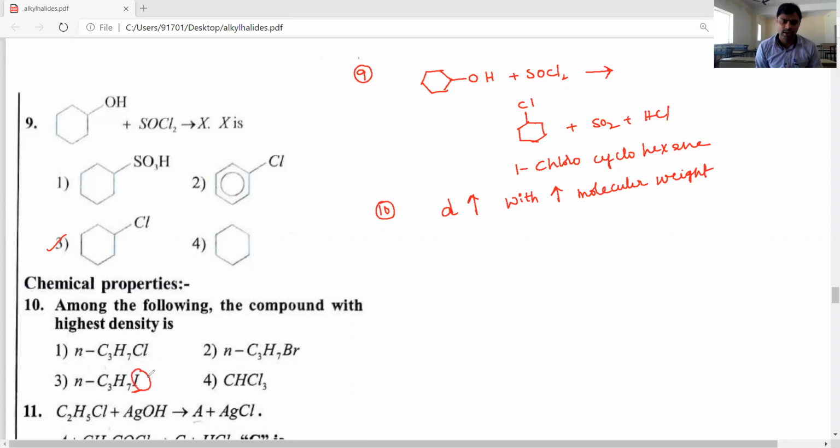The atomic weight of iodine is 127, and 3 carbon atoms are present. Here 3 chlorine atoms are present, and the atomic weight of chlorine is only 35.5. Just calculate: N-propyl iodide has the higher molecular weight, so N-propyl iodide has the higher density. Okay, students, so the answer is the third one.